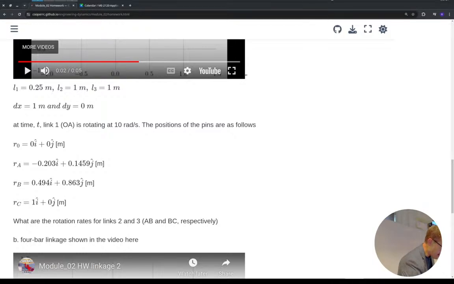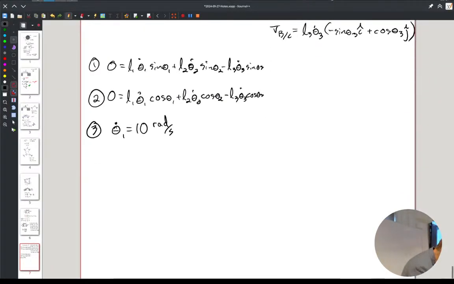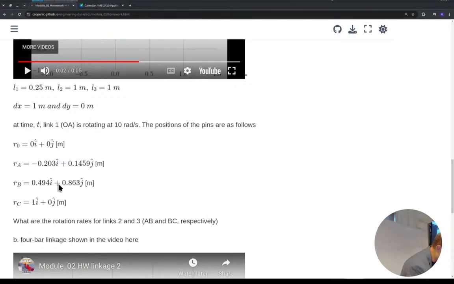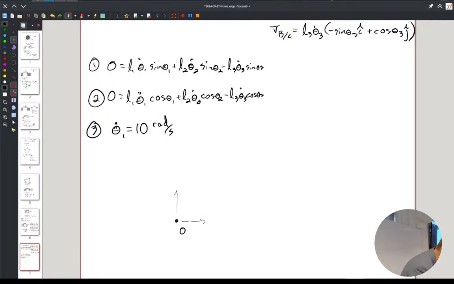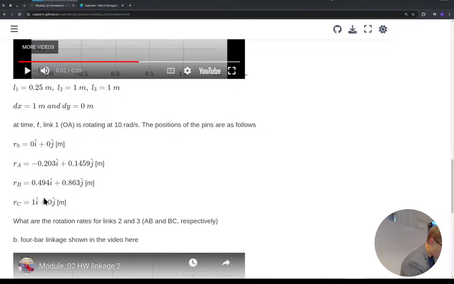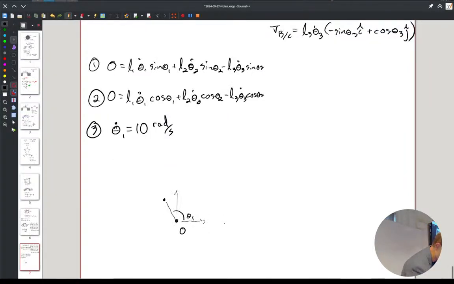And then let's map out. So if this is R0, then RA is negative 0.2, positive 0.14, somewhere up here. And then RB is 0.5 and 0.86, so somewhere over here.